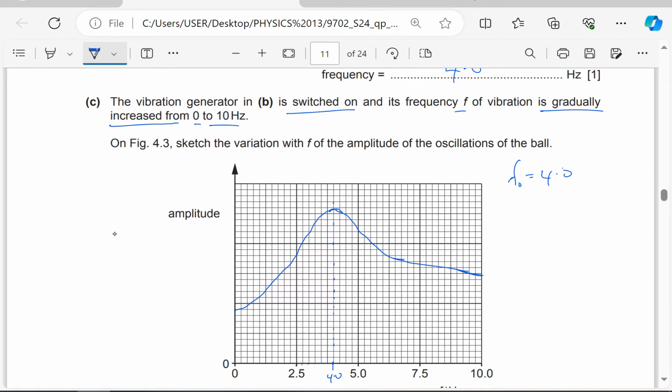So you should have something like that. What is very important is that the peak should be at 4.0. I want to make this very clear.